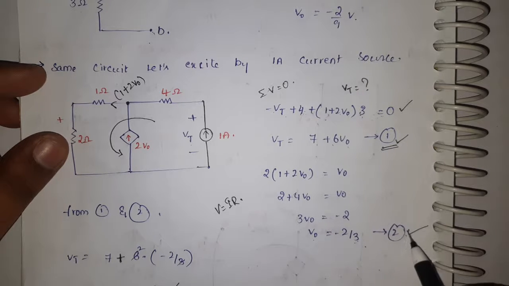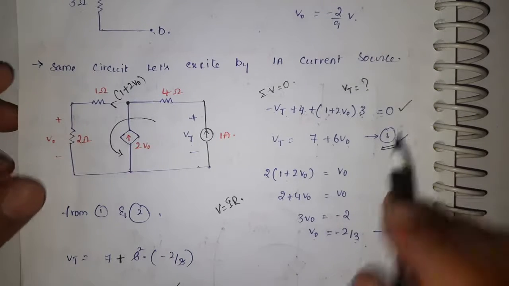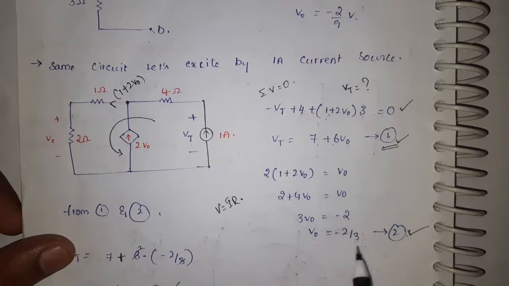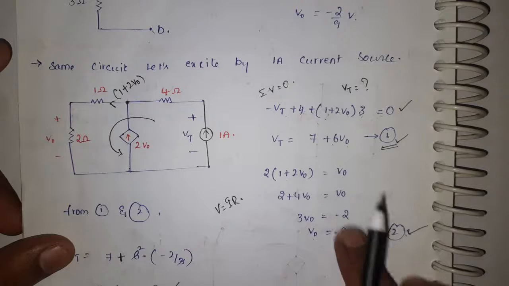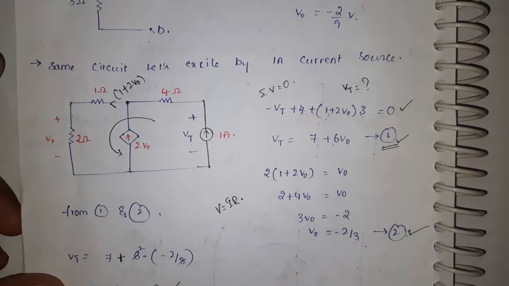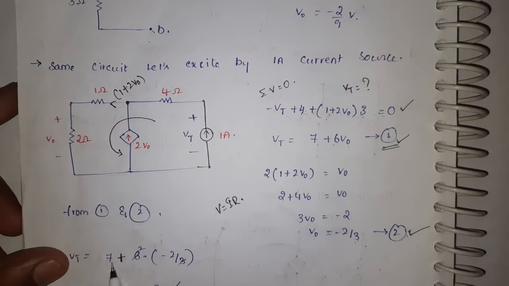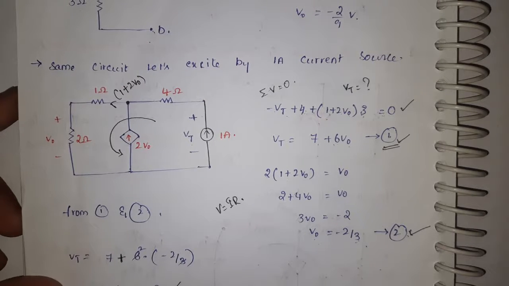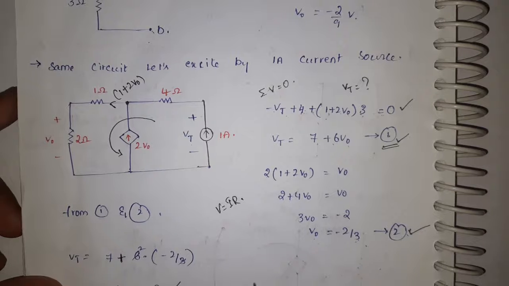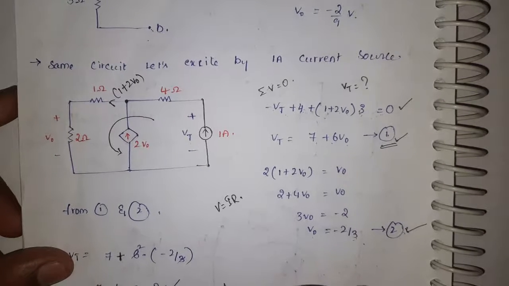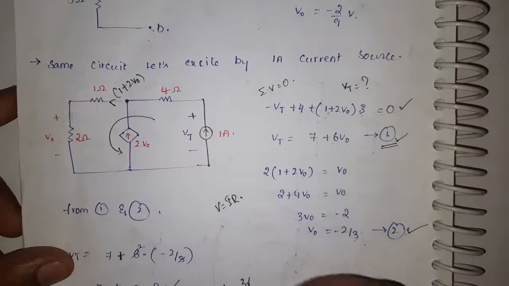Let us put this in equation number 1. Substituting minus 2 by 3, Vt will be 7 plus 6 into minus 2 by 3. 3 goes into 6 two times, so minus 4, and Vt equal to 7 minus 4, which is 3 volt. We got the Vt value as 3 volt.